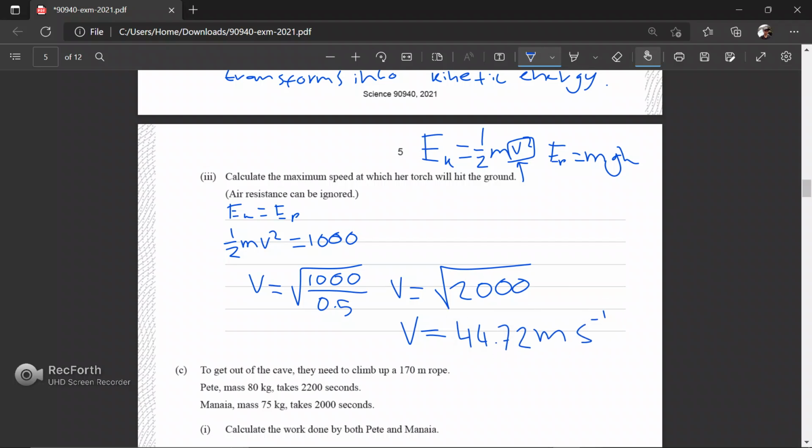Now make sure you don't forget units in this problem. They're asking about speed, so we know that it's meters per second, and it's not meters per second squared, as that is a unit for acceleration, which shows a change in velocity divided by the change in time.